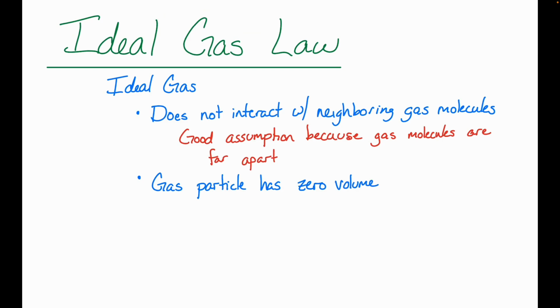But it's a pretty good assumption because gas molecules are really, really teeny tiny, right? Just like all molecules. We're talking about something that is insanely, insanely small. So it can be well approximated as just being 0 volume. So again, a good assumption because molecules are so teeny tiny small.